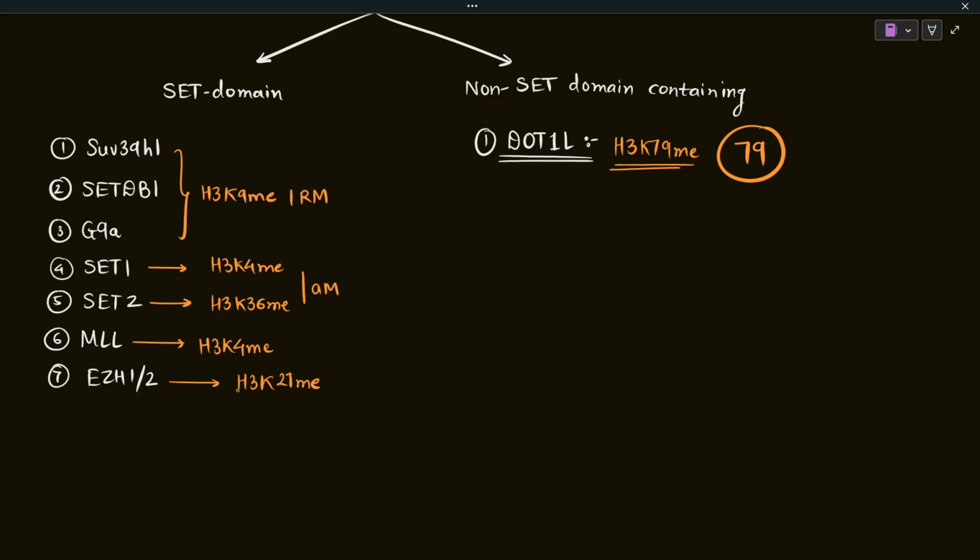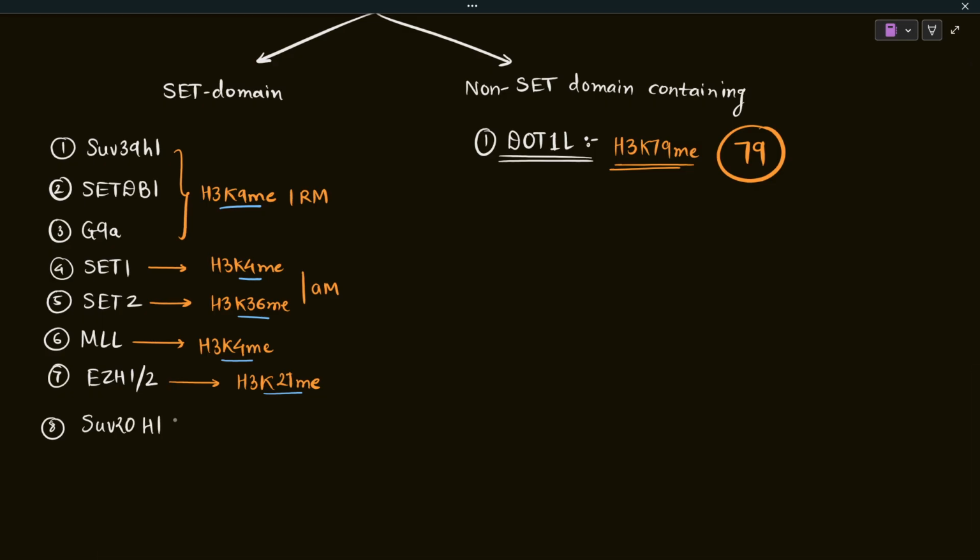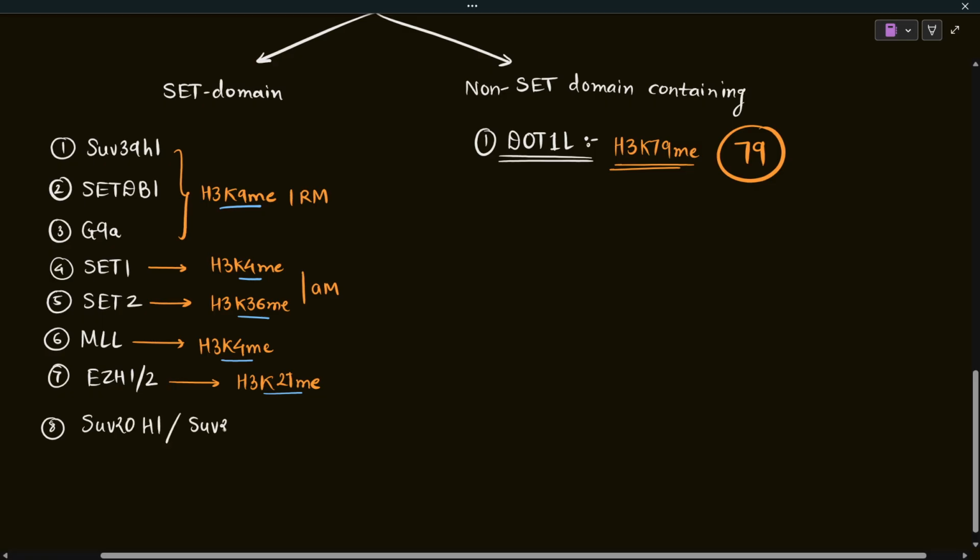Because all of those lysine residues, the ninth one, the fourth, the 36th, the 27th, and the 20th. I forgot one enzyme, which is SUV20H1 or SUV20H2. Those enzymes add the H3K20 methylation mark. So what was I discussing?